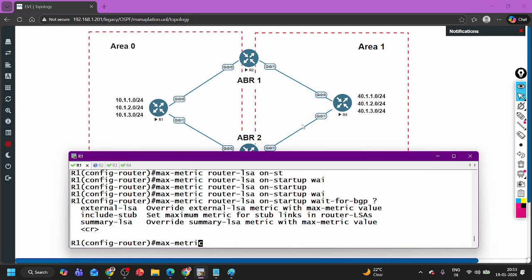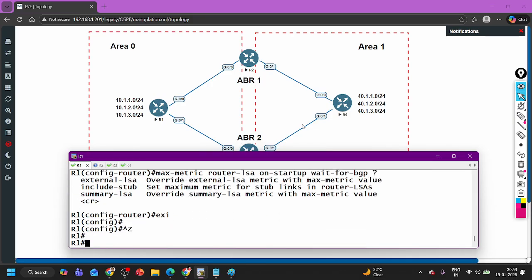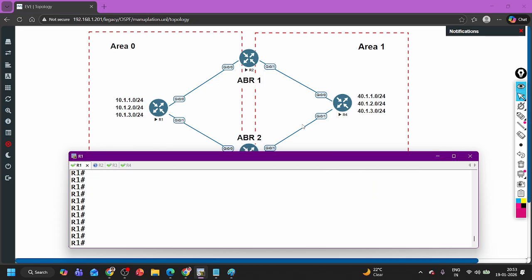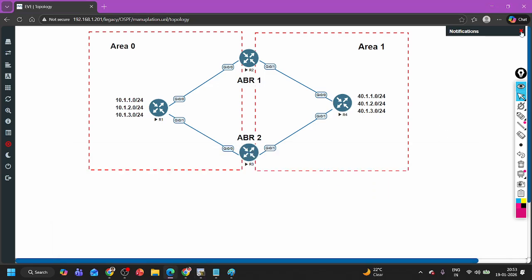I will talk about this command later. For now, through the max metric command we can manipulate the path on ABR, ASBR, or within the area when we have multiple paths. From any router I can configure the max metric command.